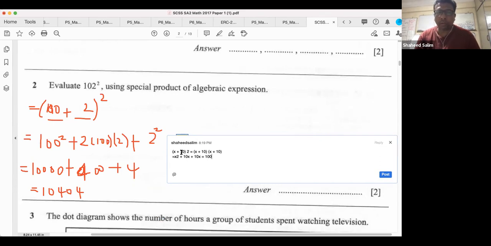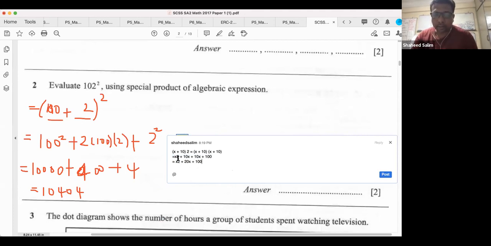Oh, b squared. Oh yeah. First one squared, second one squared, and this one, can you see now? You take 2ab, 10x times 2, 20x. You see what happened? What do you get? You get this: x squared plus 20x plus 100.